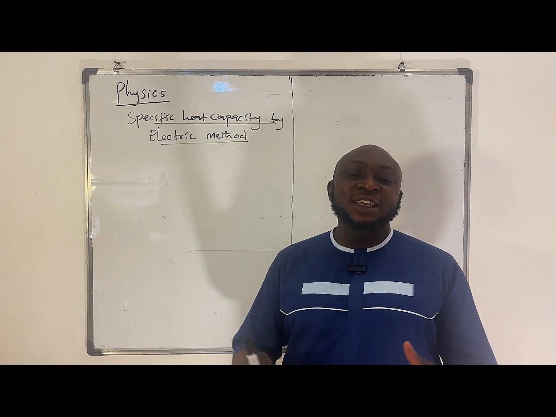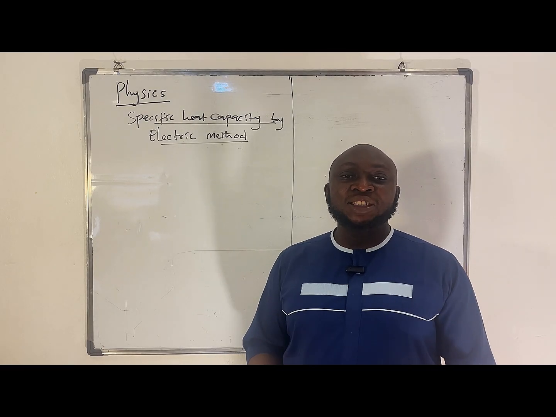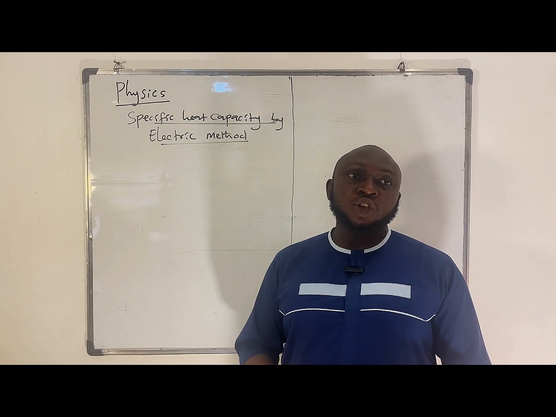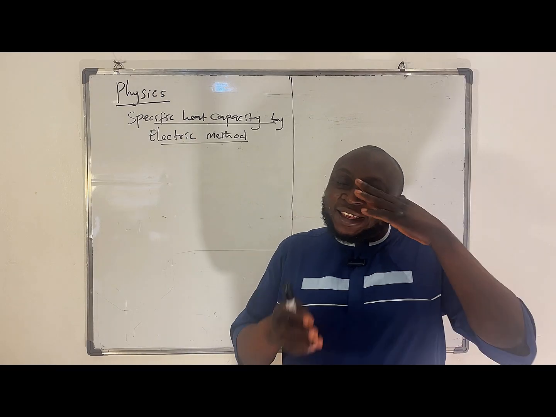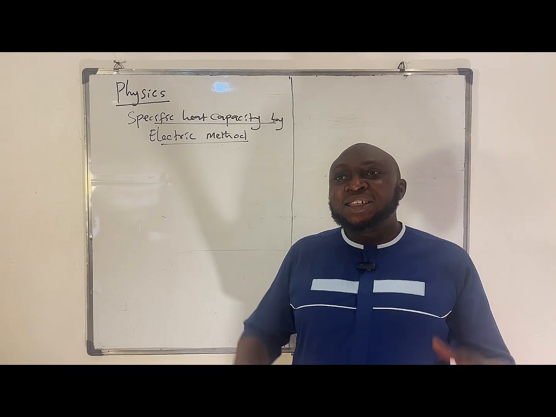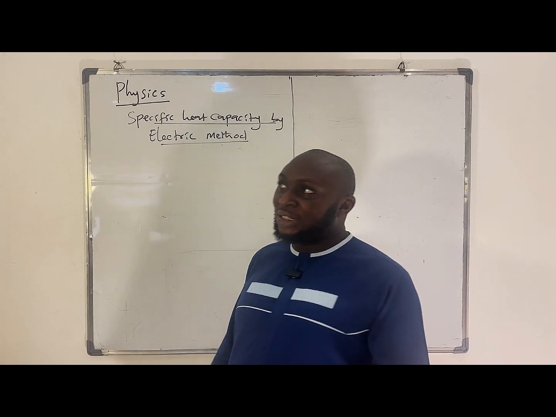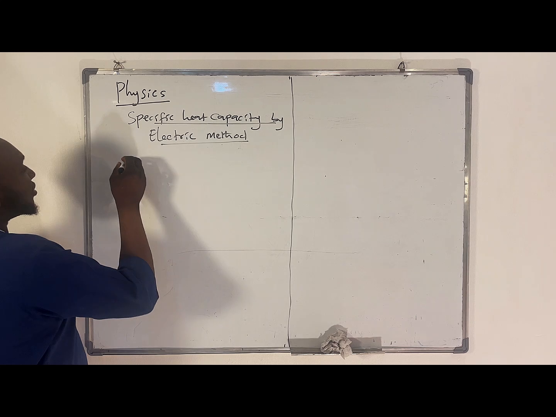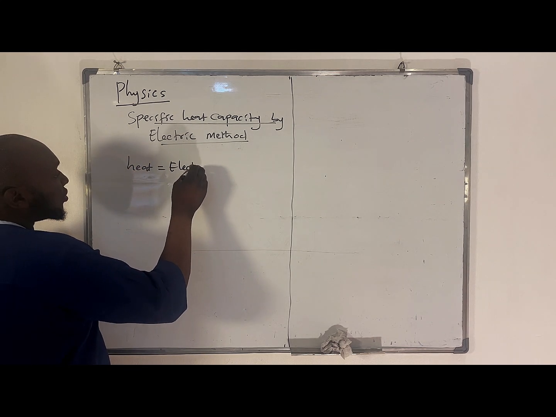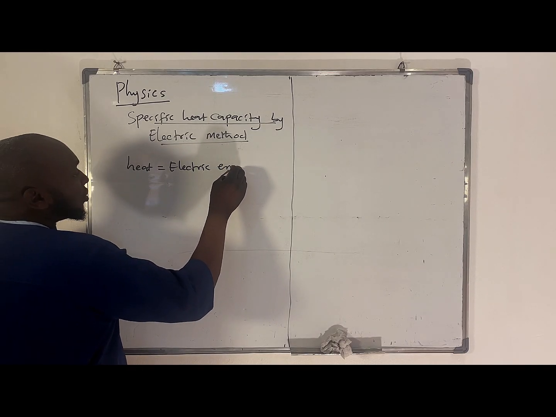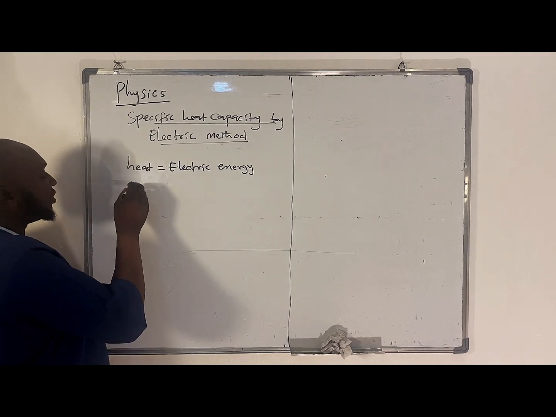I would say that the heat gain by the substance is equal to the electric energy supplied to the substance by the electric heater. Heat gain is equal to electric energy.